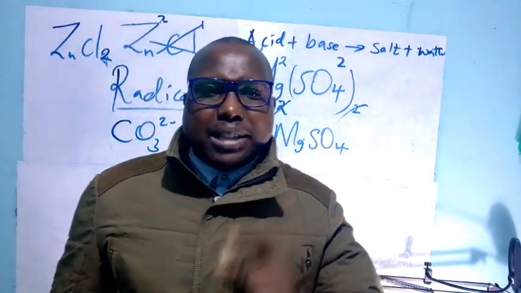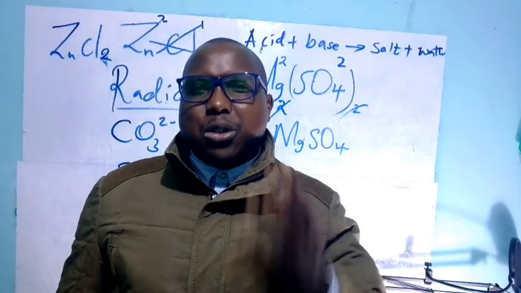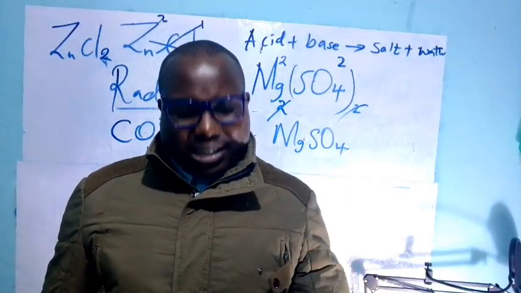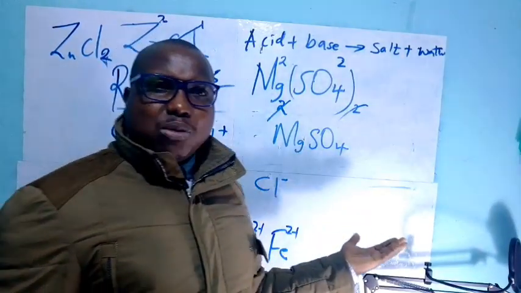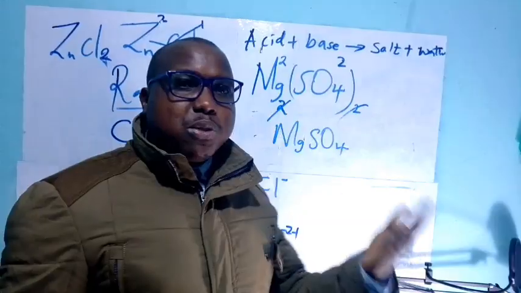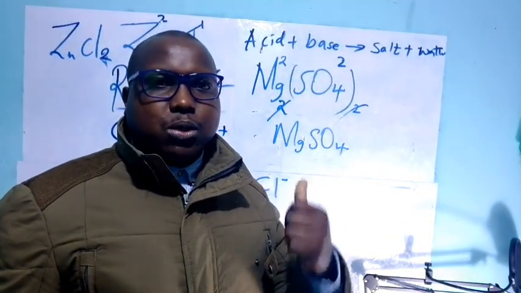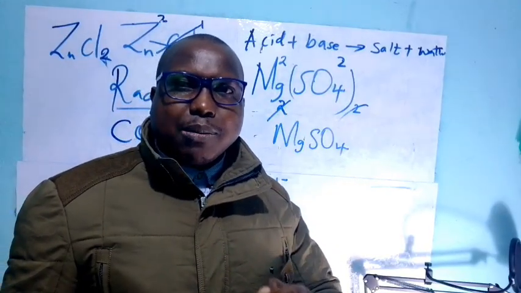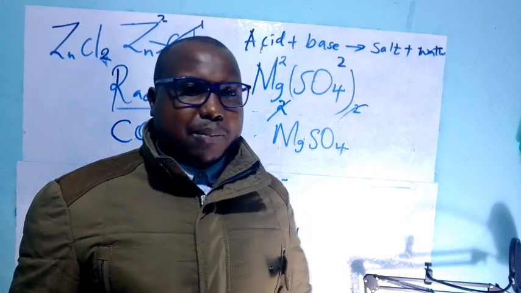The problem is that you cannot build a storey house, nyumba ya ghorofa, when there is no foundation, when there is no first floor, ghorofa ya kwanza. You cannot. So these are the basic information which you left, and if you want to do well in maths and chemistry, you need to go back to the foundation and build it up. And once you build up the foundation, then you will not struggle to understand chemistry.